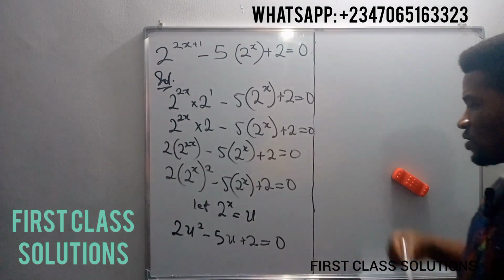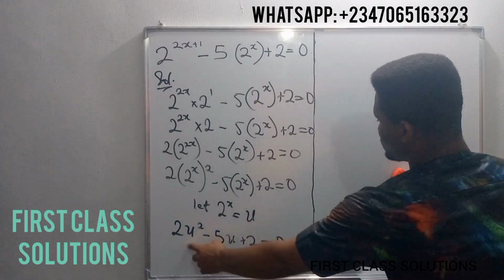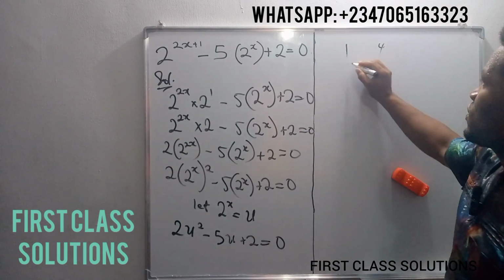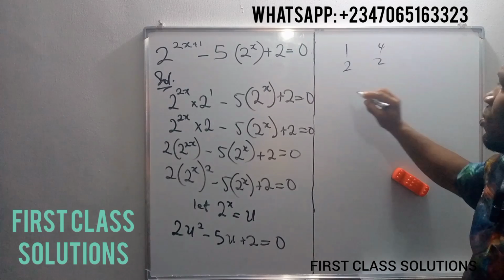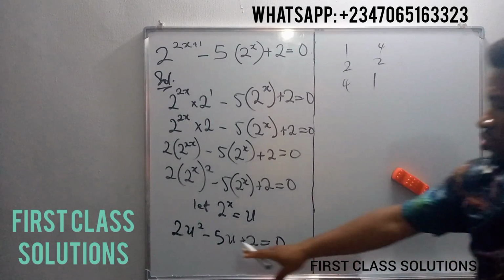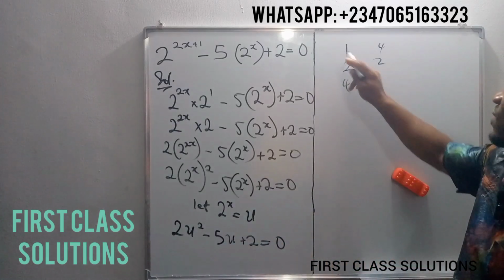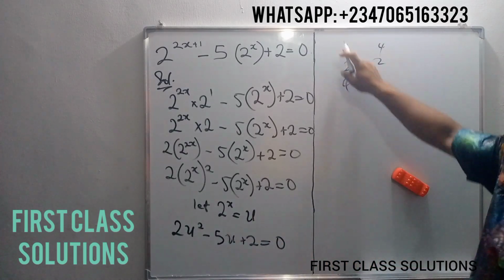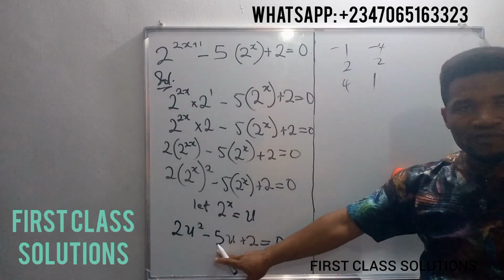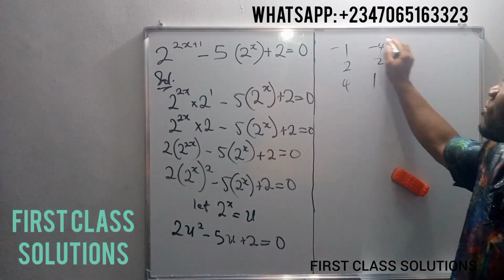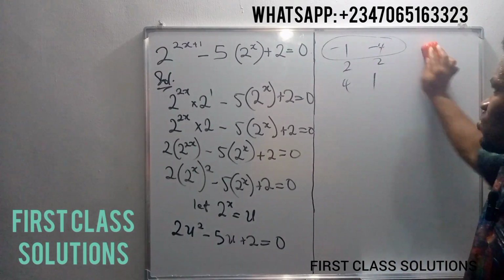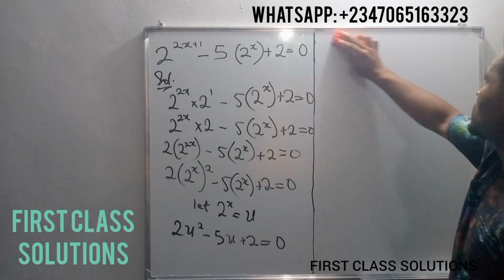The factors of 4 are either 1 and 4, 2 and 2, or 4 and 1. In this case, to get minus 5, let's make use of 1 and 4, where minus 1 minus 4 will give us minus 5. So the factors of 4 that we're going to work with are minus 1 and minus 4.